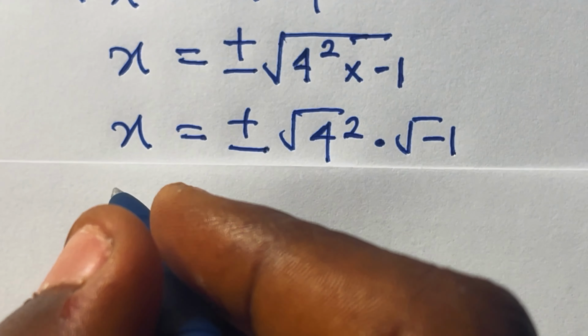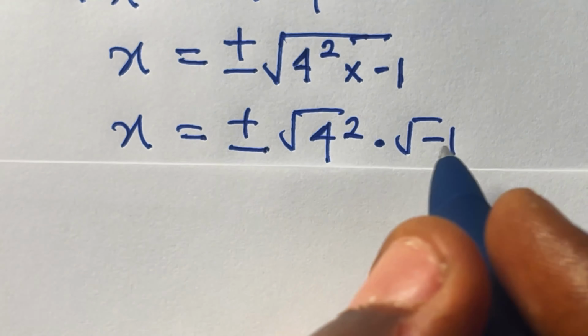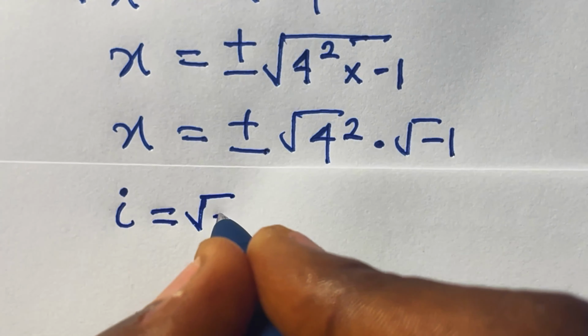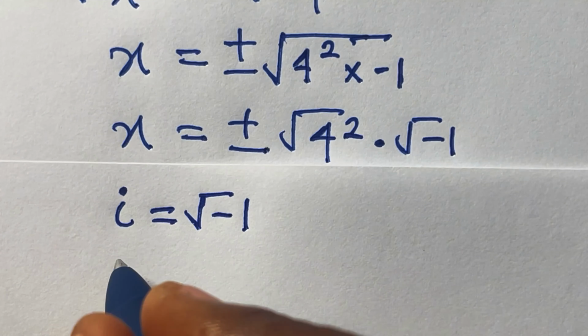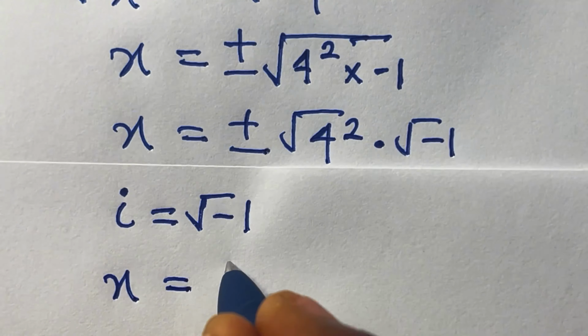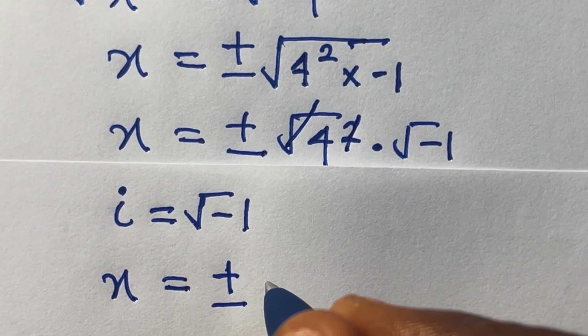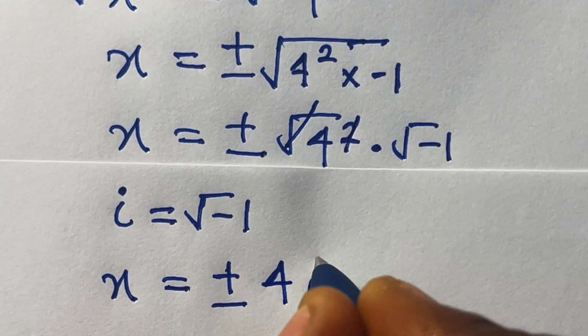But let's recall that i equals square root of minus 1. This implies that x equals plus or minus, we cancel the square root, so we have 4 times i.